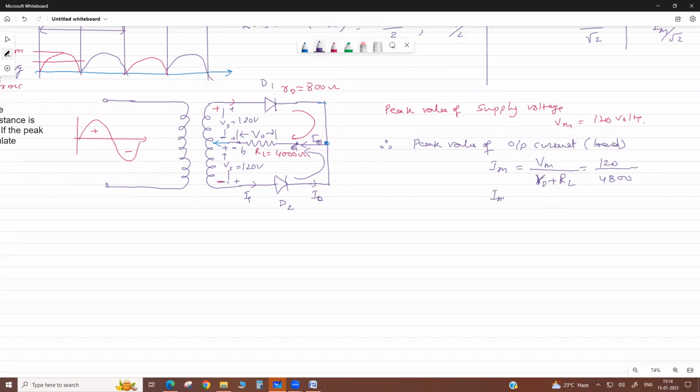This is the peak value of load current. Load current equals output current, because it is the same current. Here supply current and here load current. Load means output. It is the peak value.